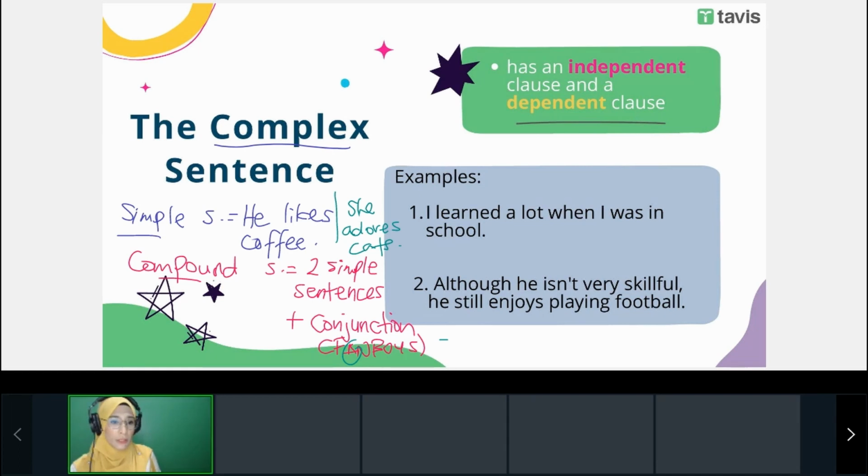Remember, she is singular, therefore you need s at the back. It has to match. We do not want them to fight with one another. So if you want to use and, then it shall be: he likes coffee, and she adores cats.